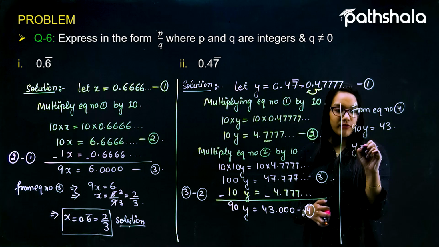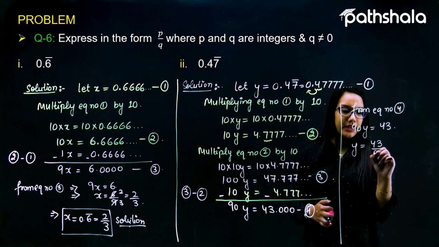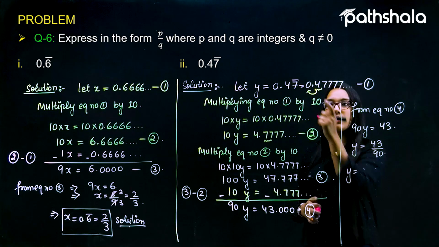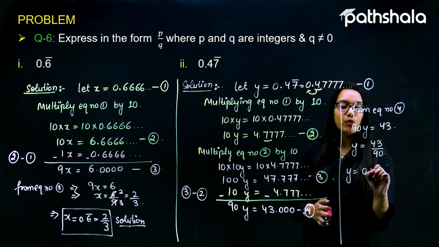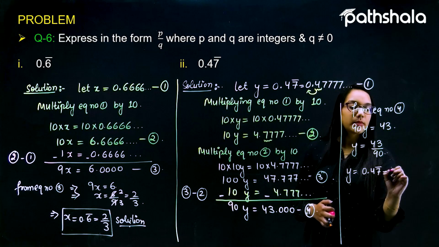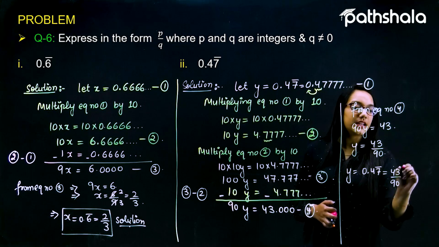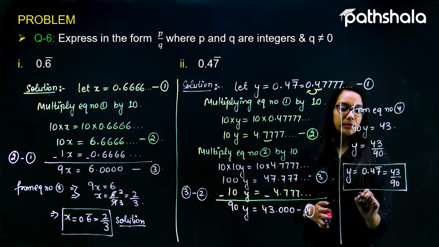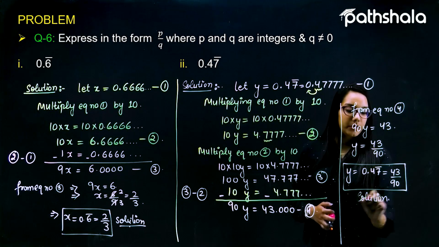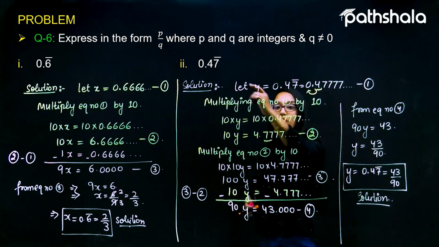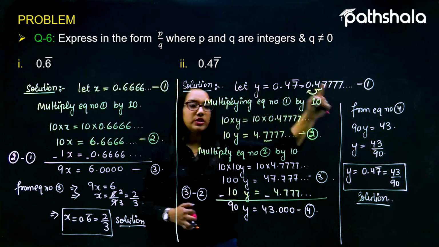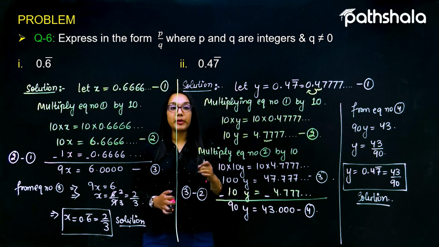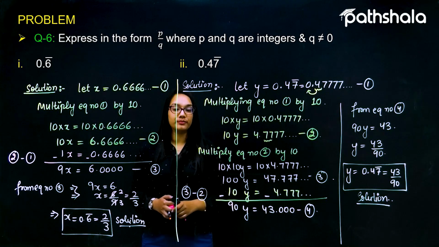Solving for y, it is 43 by 90. From equation number 1, y is 0.47 bar, which is equal to 43 by 90. So the P by Q form of 0.47 bar is 43 by 90. This is all about expressing a number in the form of P by Q.